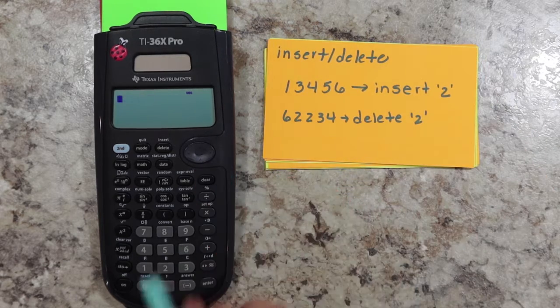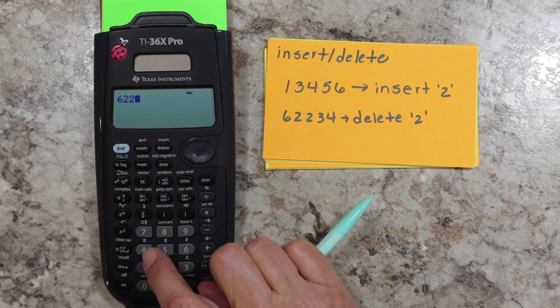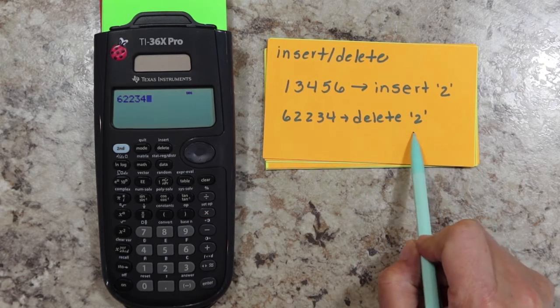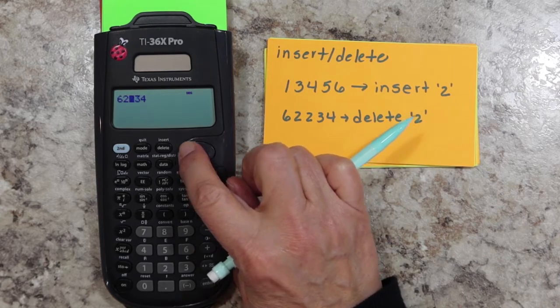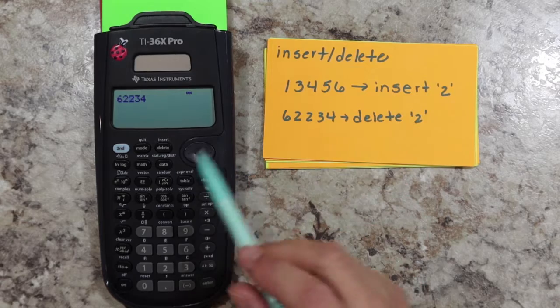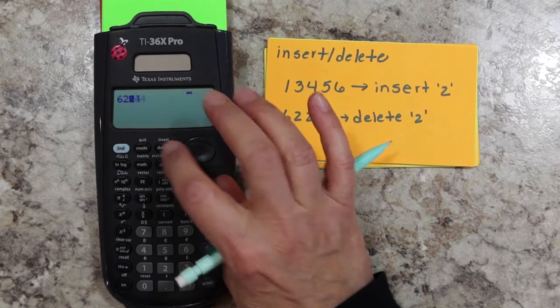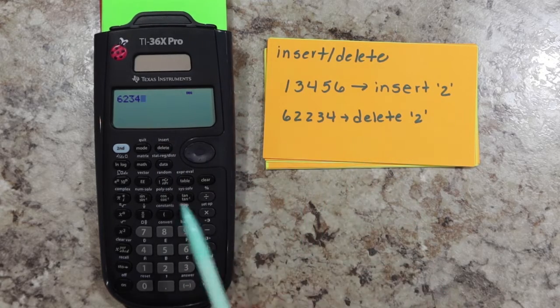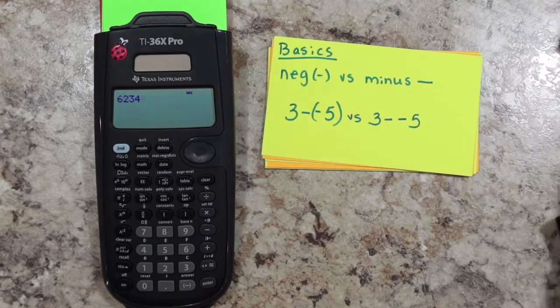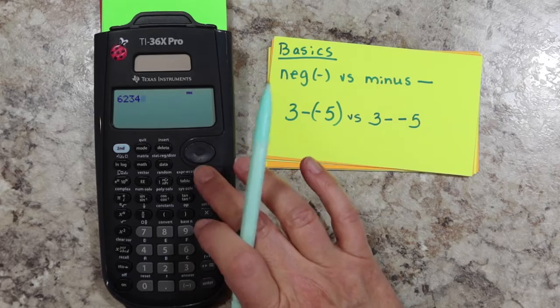Alright, now let's say I put in 6, 2, 2, 3, 4, and I want to delete one of the 2's. Scroll over to which one you want to delete and just hit the delete button. Since this is on the top of the key, there is no need to hit the second button. So that's a quick way to insert and delete a number if you accidentally type in the wrong thing.